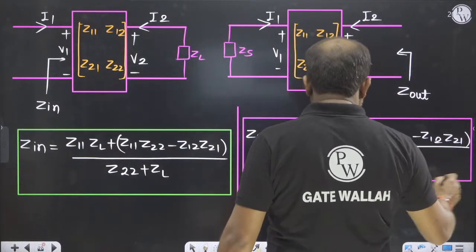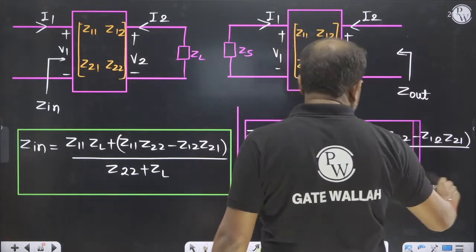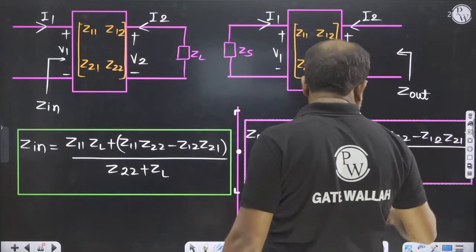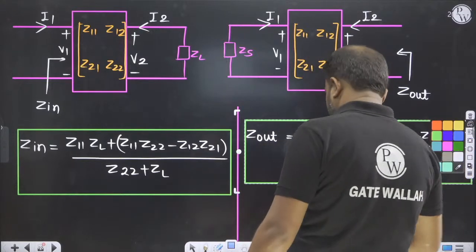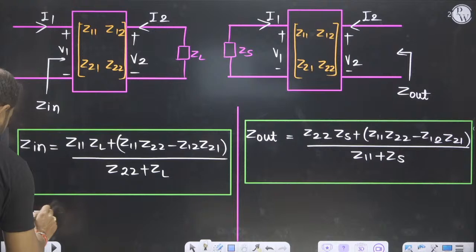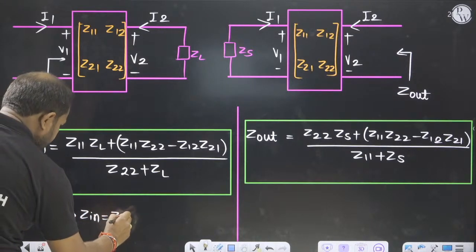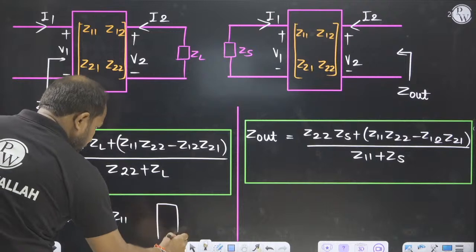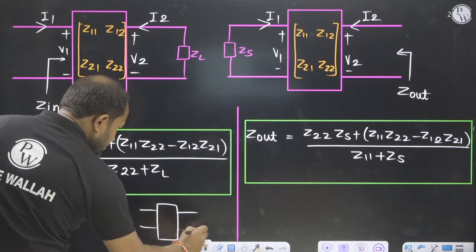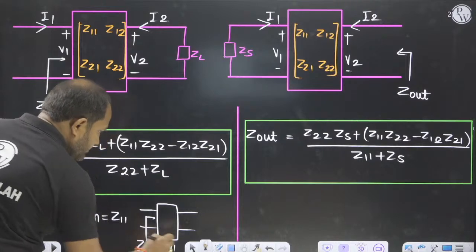If I put ZS equal to infinite, what will happen? So ZL is equal to infinite, so Zin will be equal to Z11. This is our two-port network and this is the output, so Zin will be equal to Z11.